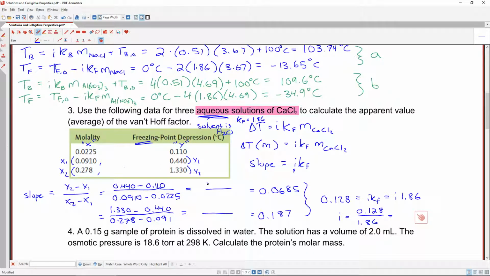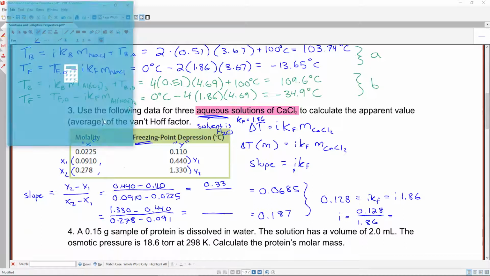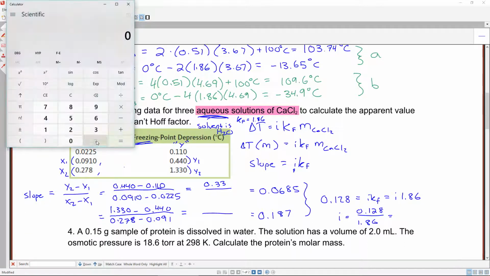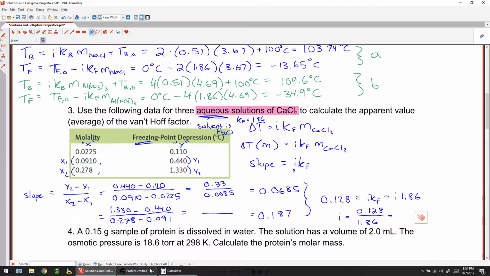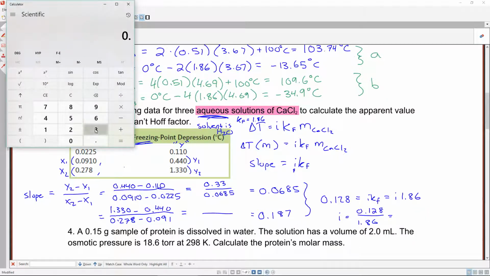Right, so in the numerator, that's 0.33. In our denominator, 0.091 minus 0.0225 equals 0.0685. See, this number was this number, so that definitely was not correct, right? So there is our error, possibly, unless I made another one, right?